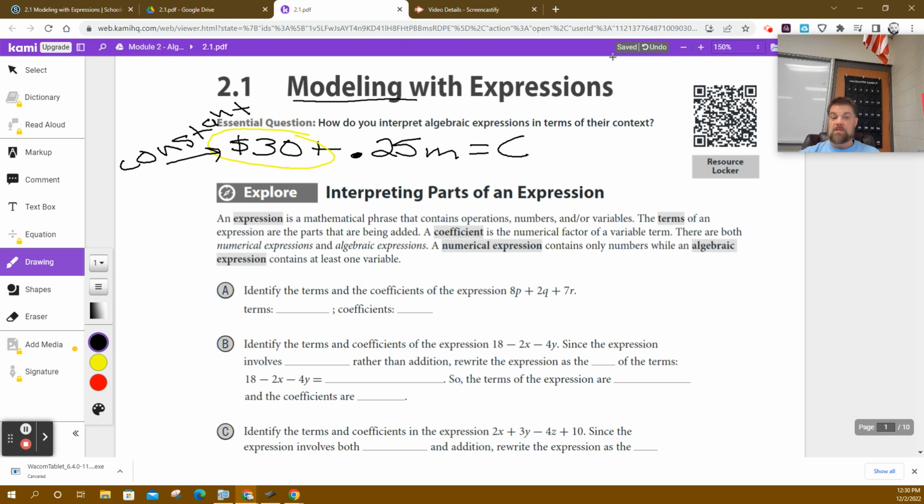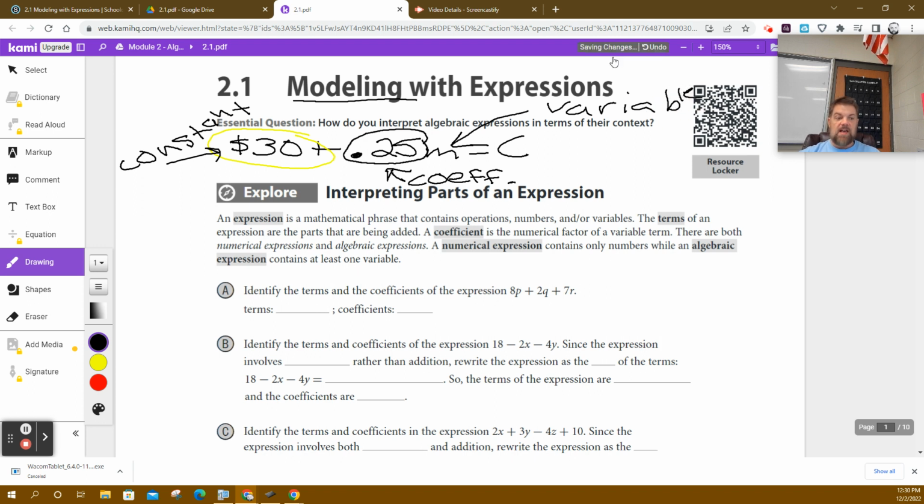It's just a number. Now this number here is what we call a scalar multiplier, and that is called a coefficient. A coefficient, and we'll talk about this a lot, in algebra just means the number that you multiply by the variable. This thing right here, m, is a variable. Anytime you see a letter, it's referred to as a variable. Okay?